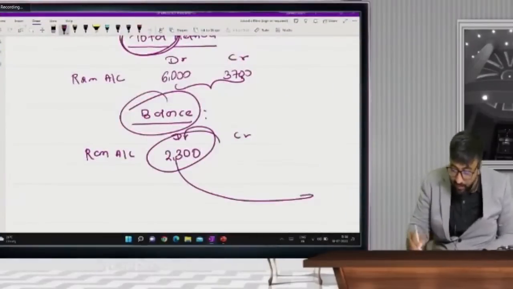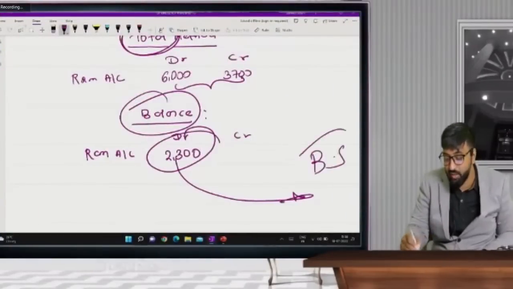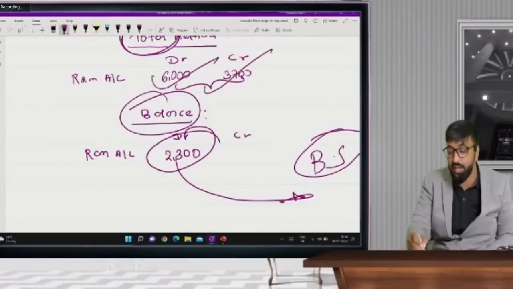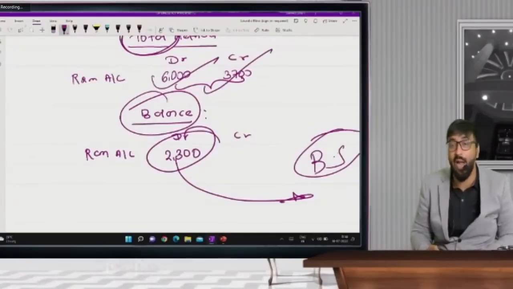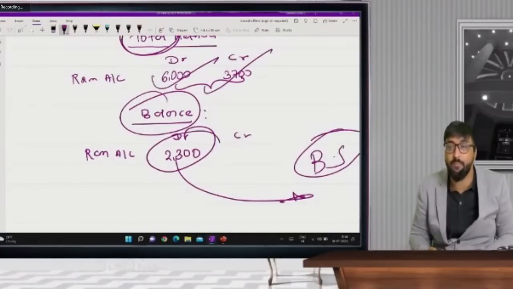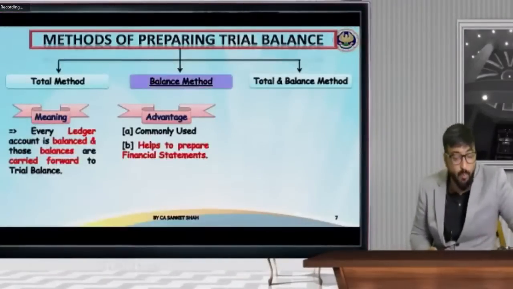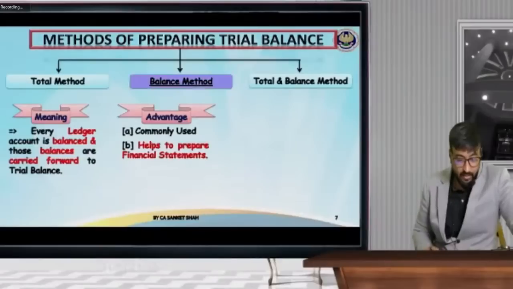Now this RAM account will be carried to the balance sheet under debtors. So this account's 2,300 we are going to carry in the balance sheet. We never get 6,000 and 3,700 carried to the balance sheet. So in the balance sheet, you always prefer the balance method. Which is the more popular method, beta? Balance method.